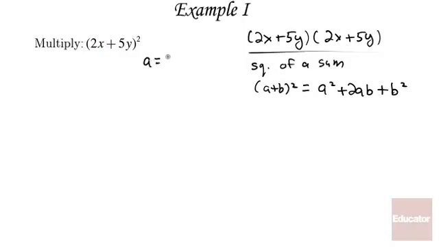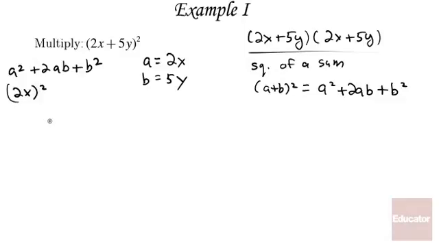First thing is to figure out what my value for a is. My value for a is 2x. My value for b is 5y. So remember to include the variable. Then I just go ahead and plug it into this formula. Write this back up here so I can really see what I'm working with. A squared would be 2x squared plus 2 times a times b plus 5y squared.